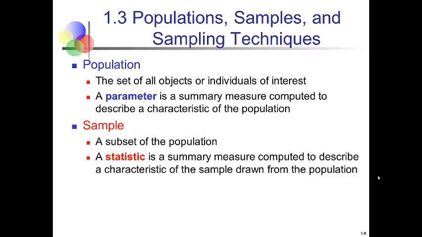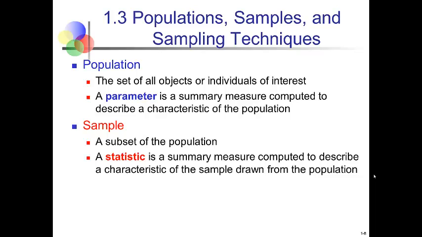Now, if we actually have the entire population of interest, we can calculate a number from that. That number would be a parameter. So, population parameter. Notice the alliteration, but it's population parameter. If we only have a sample and we calculate that same kind of summary measure, that same numerical measure, we are calculating a statistic.